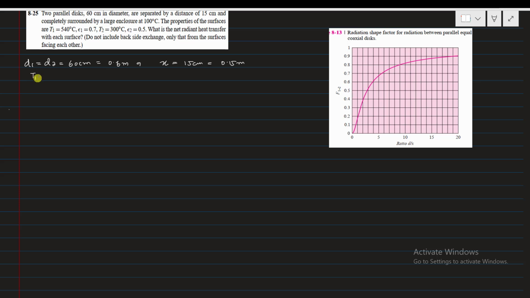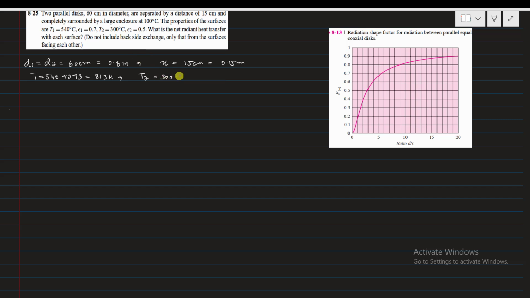Temperature T1 of the plate is 540 centigrade. 540 centigrade, convert into Kelvin, just add 273 to it, so you will get its value, that is 813 Kelvin. Then T2 is 300 centigrade.